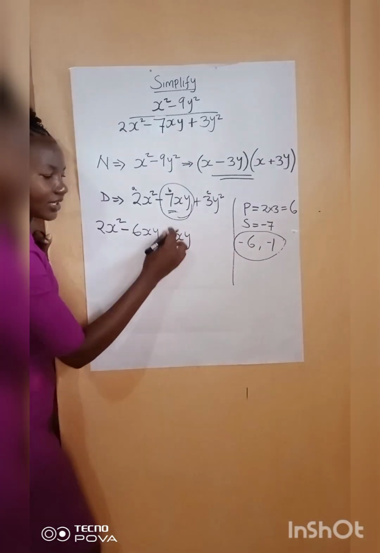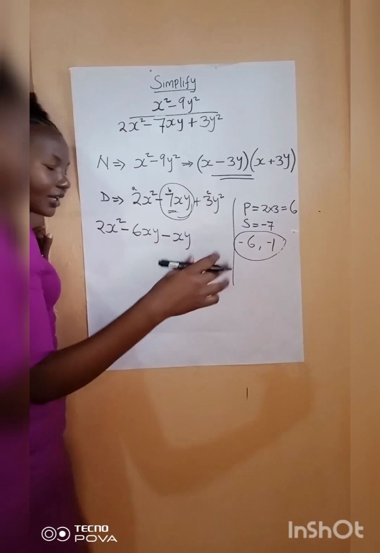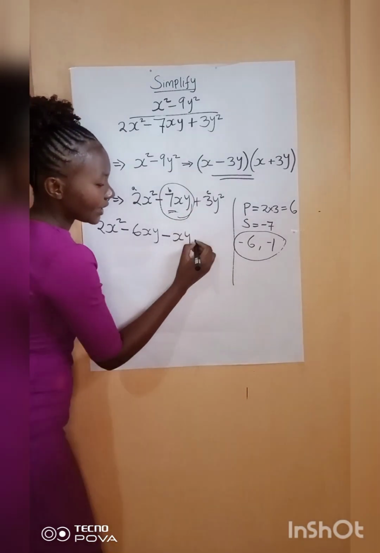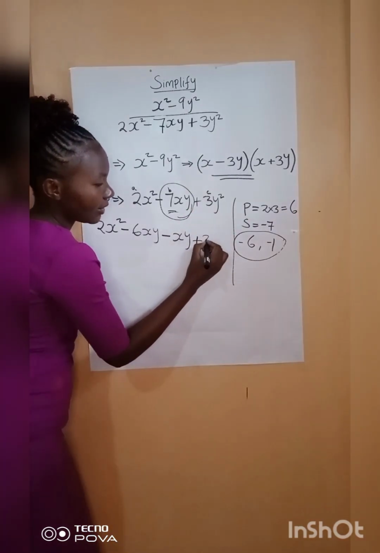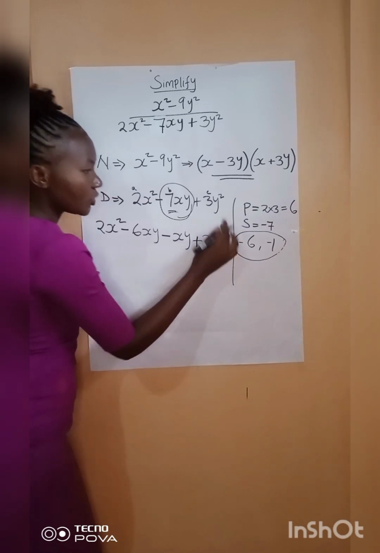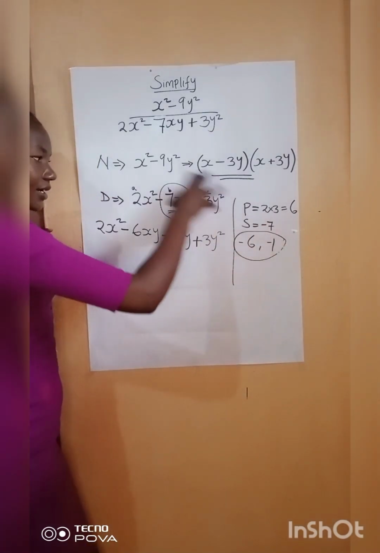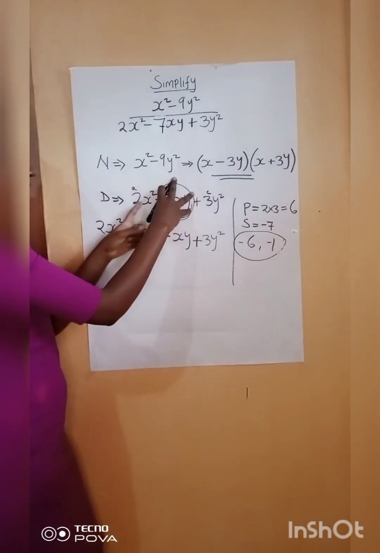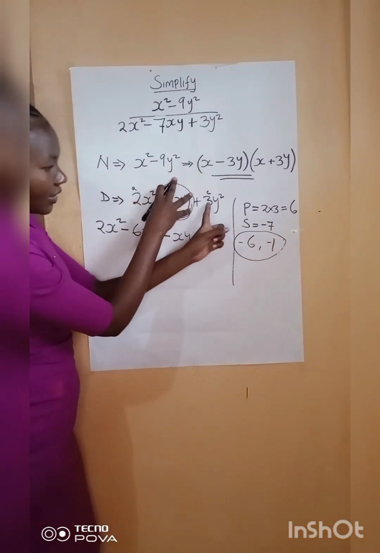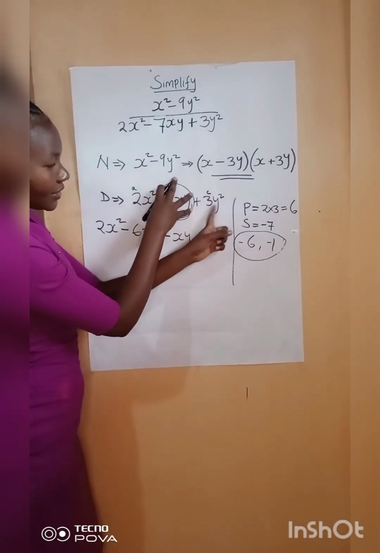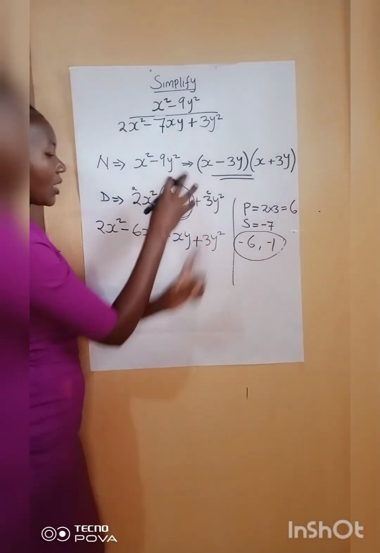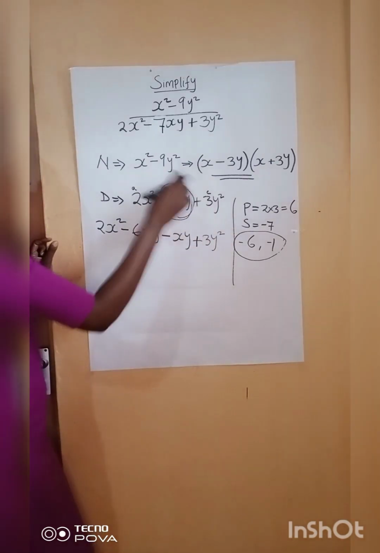I don't have to write 1 here. When it is xy, it is already 1xy. Then plus this number remains. So in short, whatever we have gotten here replaces our b here, and then this one remains, and even the part c, this other part remains here. So we just replace the middle number.